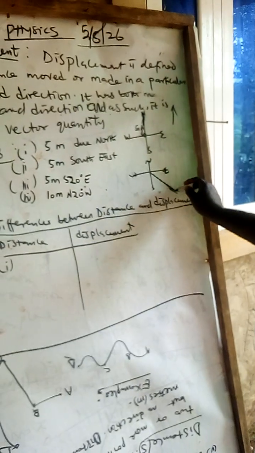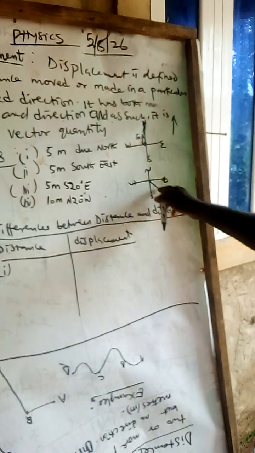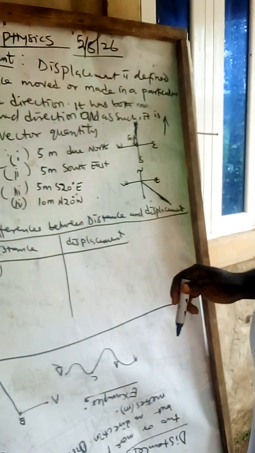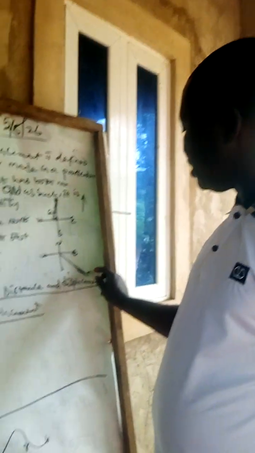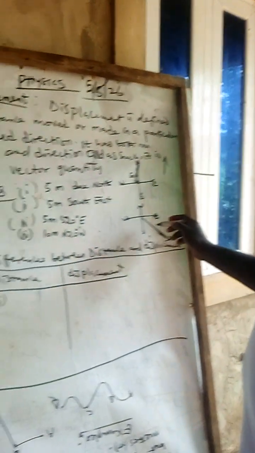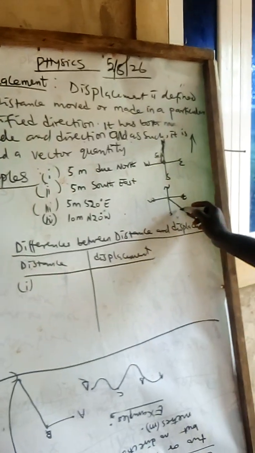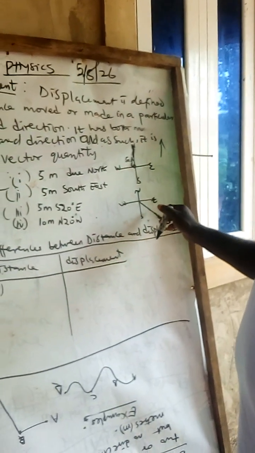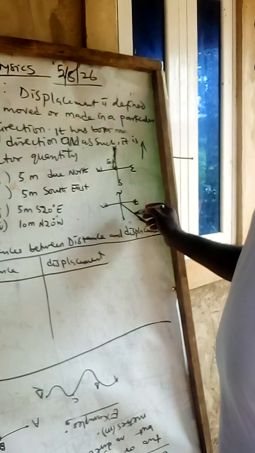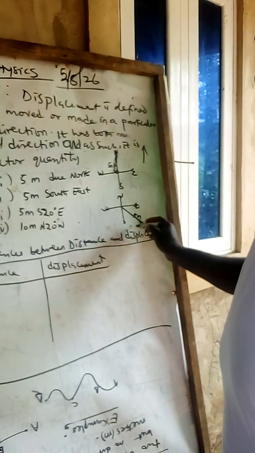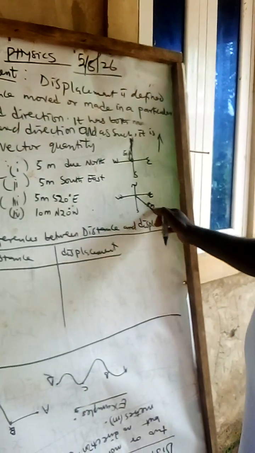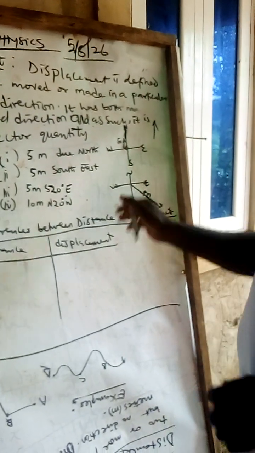It is also measured in meters. So this line with an arrowhead is our vector, and we call it a displacement. Now, we see that the magnitude of the displacement is 5 meters. What is the direction? Southeast.